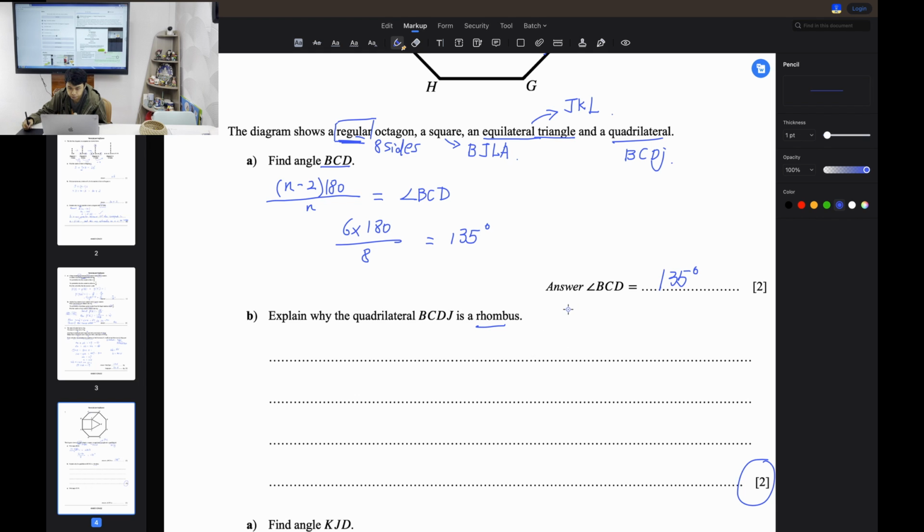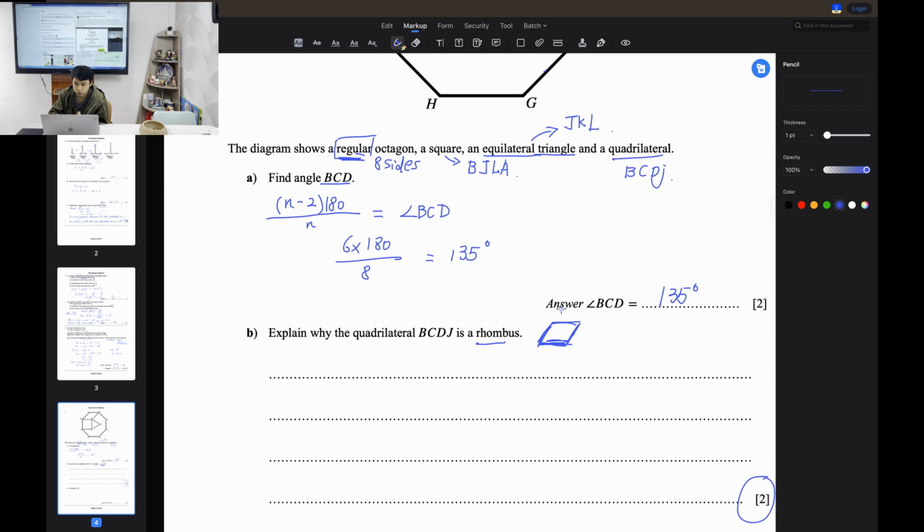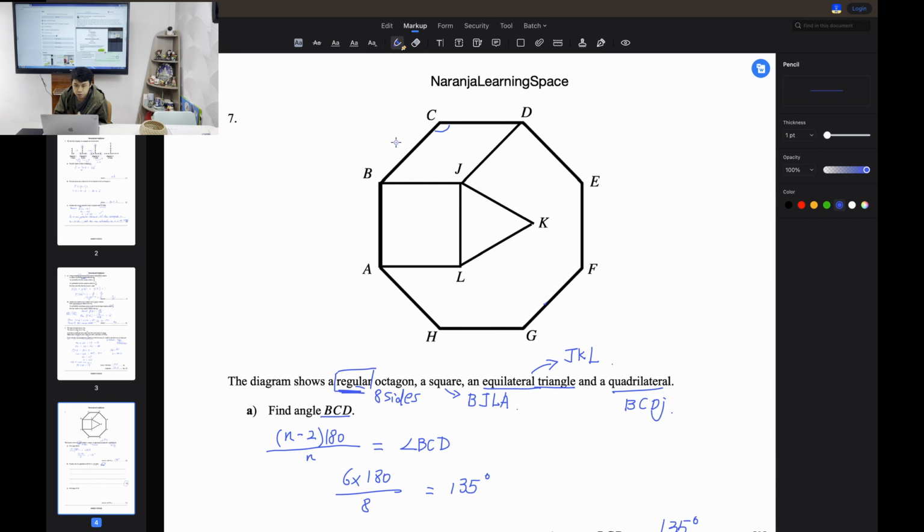A rhombus has 2 pairs of parallel sides, so it's a parallelogram at first, then all 4 sides are equal. So that's what we need to prove also. First we need to prove the parallel parts, then the equal length parts.